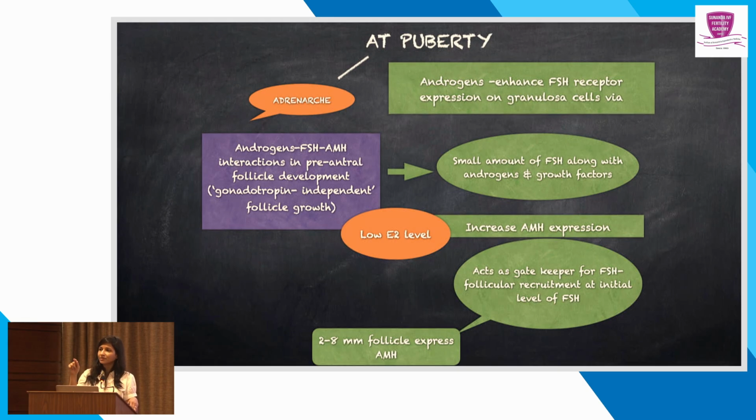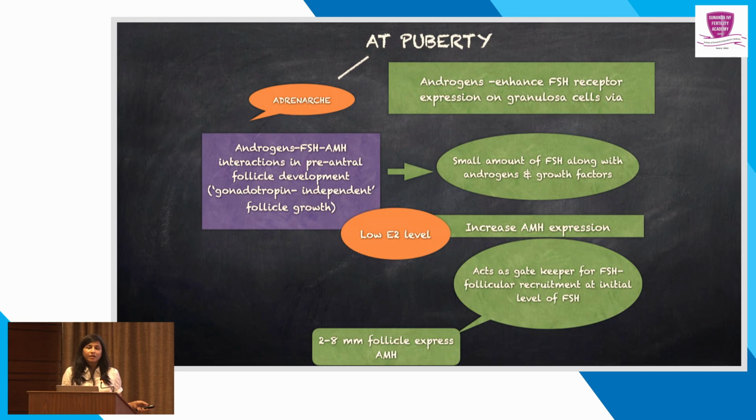These follicles will still have a thin layer of at least 1 or 2 layers of granulosa cells, and now this granulosa cell layer will have more FSH receptor expression because of the androgens. Now this small amount of FSH along with androgen, and there are certain growth factors at the time of puberty which are important, like we read about BMP9 and IGF-1. These factors at that particular time of puberty will have an interplay and more FSH receptors will be there.